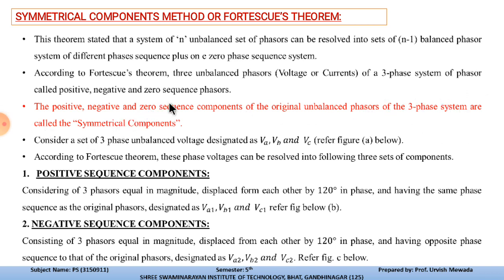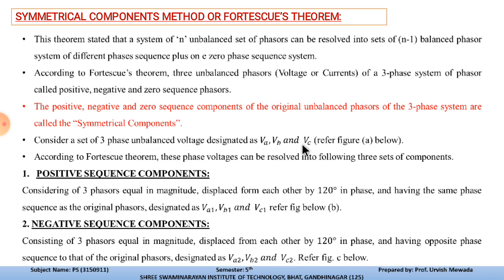So we are converting all three phases from the original unbalanced phasors. So these components are nothing but the symmetrical components of the unbalanced system for which we are finding the solution. Now here we are considering the three phase unbalanced voltage, designated as VA, VB, and VC.